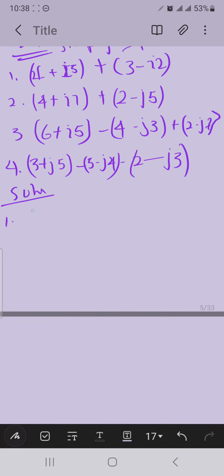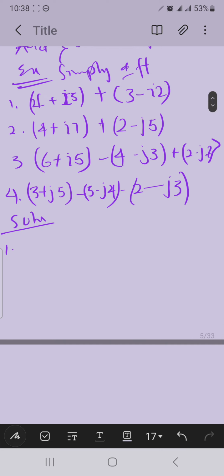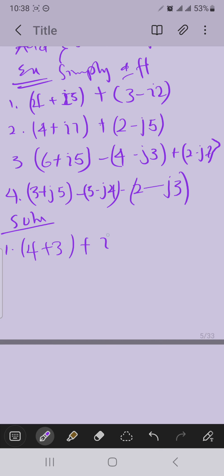So this first one is going to be 4 plus 3, plus i into bracket 5 minus 2. So this one is going to be 7 plus 3i. That's all, and you are done.